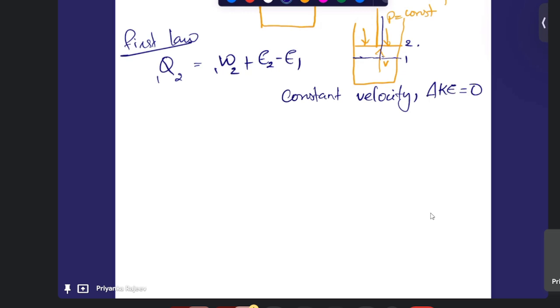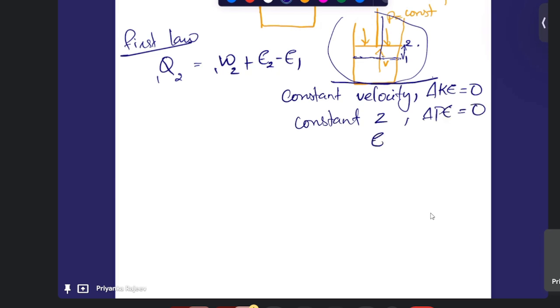And there is no change in elevation of the system, so the system is staying in the same ground state. We are not thinking about the piston distance and such things, we are thinking about the whole system. So there is no change in Z, which means delta PE is also 0.